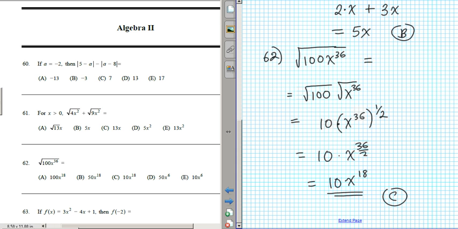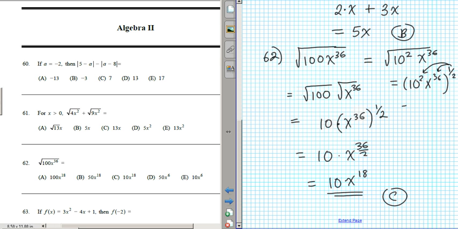Okay, so another way you can write this, you can also write this as the square root of 10 squared times x to the 36, because square and roots match. Okay, and then you just take 1/2 of the power, 10 squared x to the 36, raised to the 1/2, because square root is 1/2, and then you distribute this 1/2 to the powers.